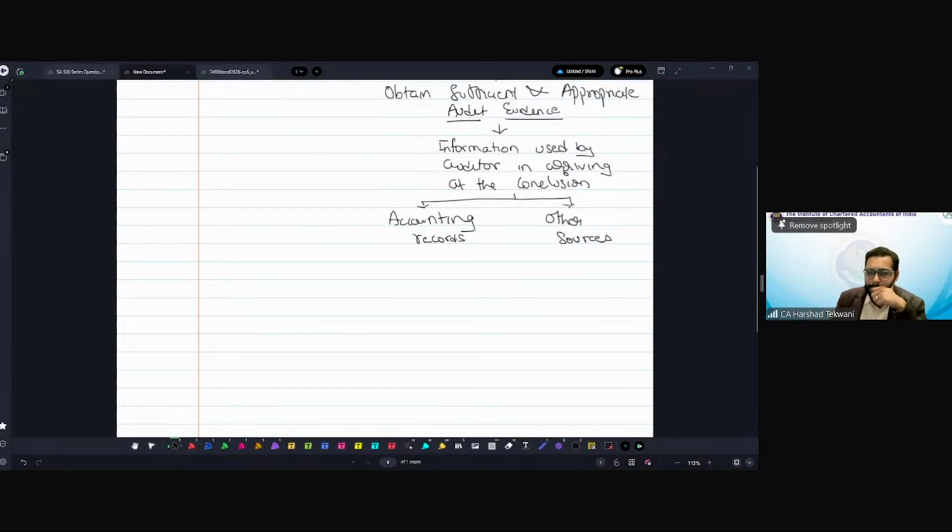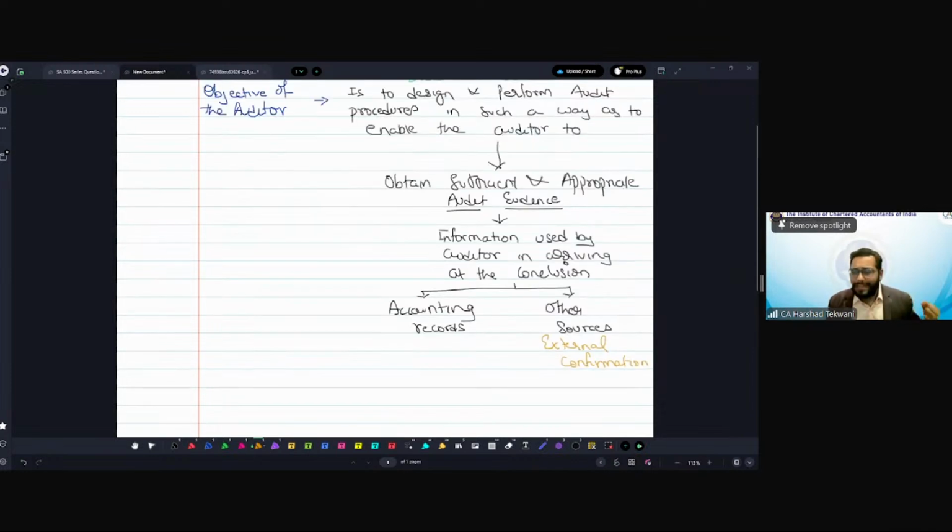Third party confirmations. Yes, very good. Something that we are gathering from outside, which is not from the accounting records of the financial statements. A very good example is an external confirmation. We will see that in a coming session on external confirmation. But yes, external confirmation, being another source, is a very good example of audit evidence.